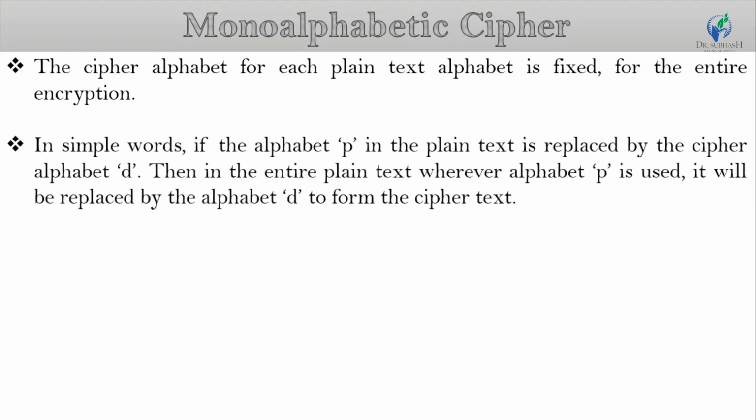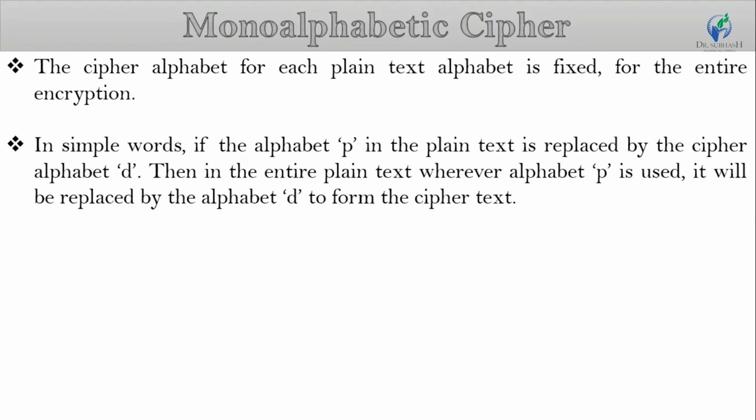In simple words, if the alphabet P in the plain text is replaced by the cipher alphabet D, then in the entire plain text, wherever alphabet P is used, it will be replaced by the alphabet D to form the ciphertext.